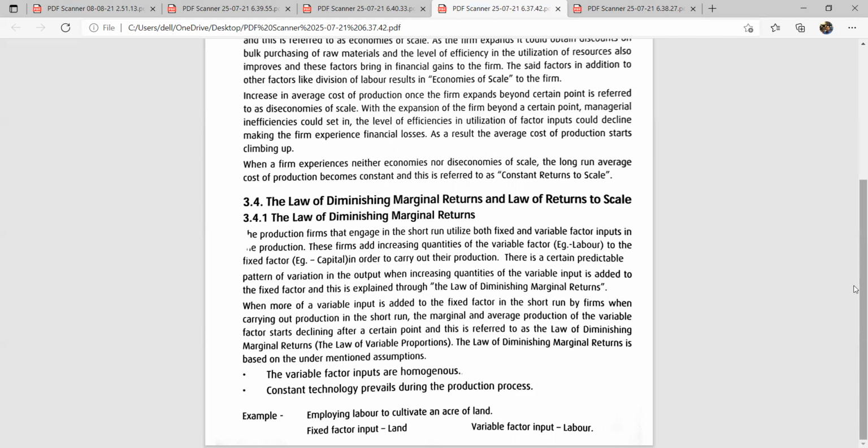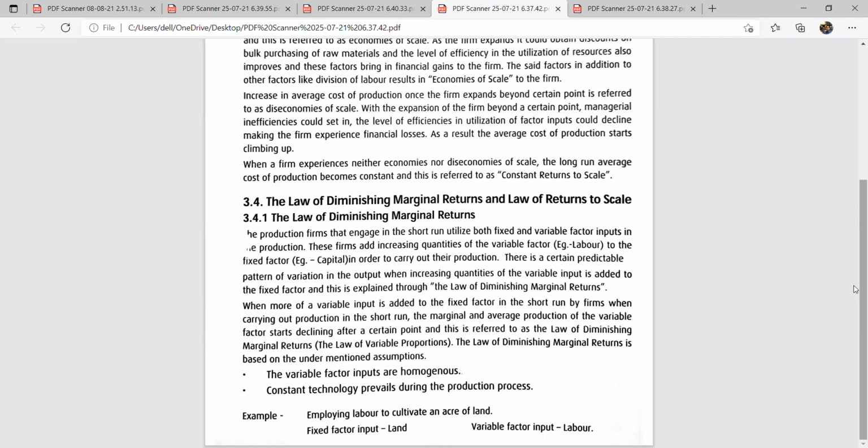So the production will increase continuously up to some extent, whereas the marginal production, simply the additional production when additional workers are employed, diminishes after a certain number of workers are employed.